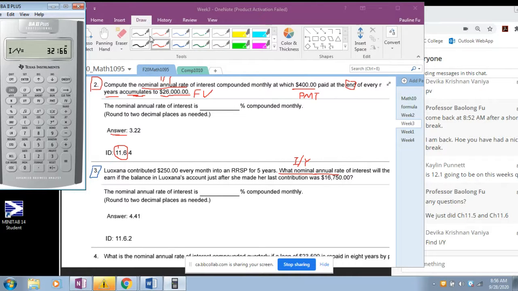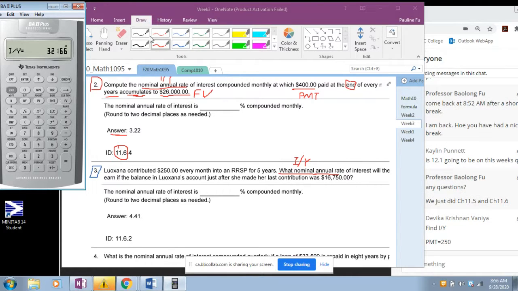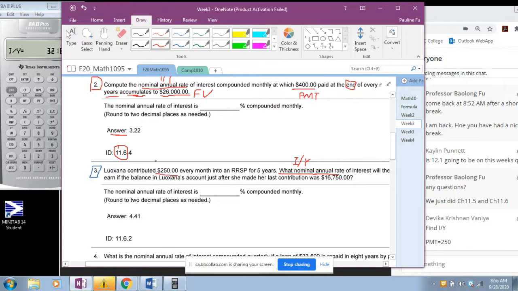Help me, guys. I know I need to find IY, so what? Excellent, David again. PMT equal to 250. And then what?